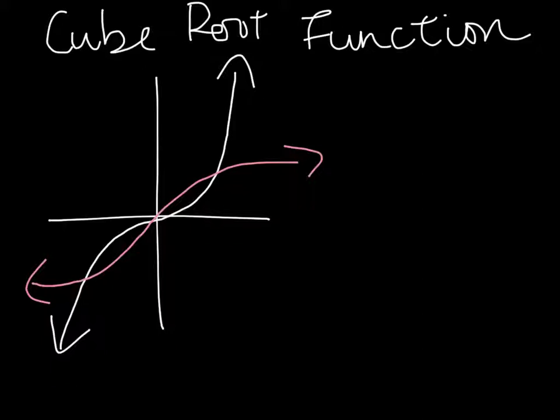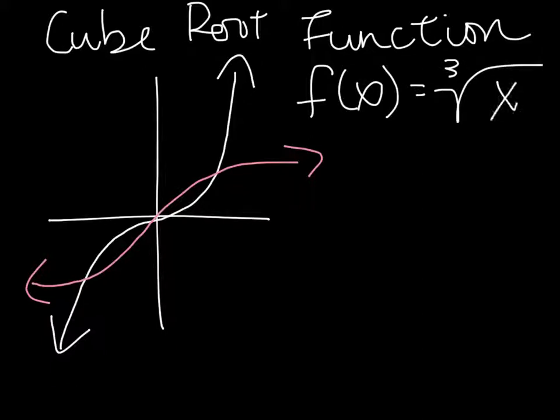However, like with all the other functions, the cube root function is f of x equals the cube root of x. And that is why it's called the cube root function. Like all the other ones, say we're here at 1, the cube root of 1 is 1, right here.